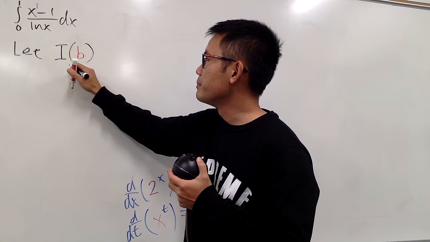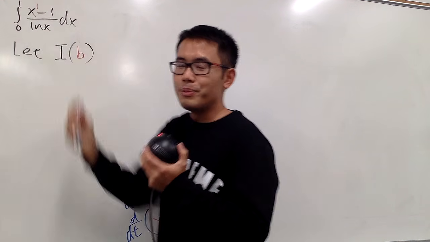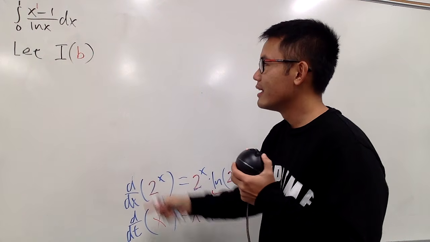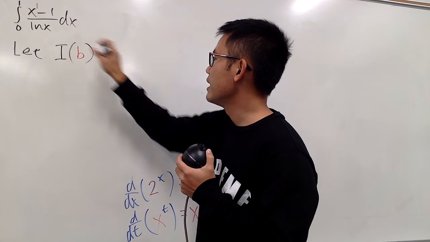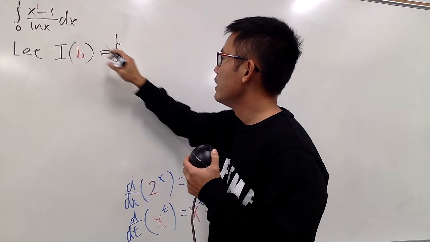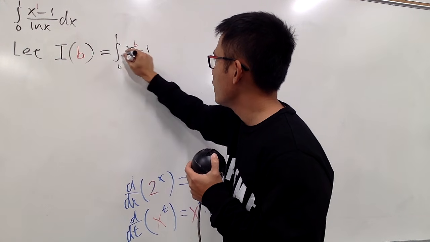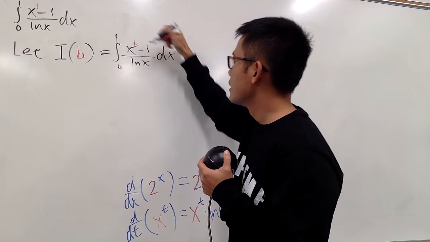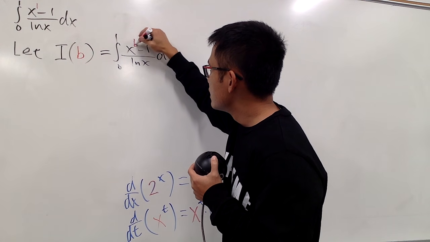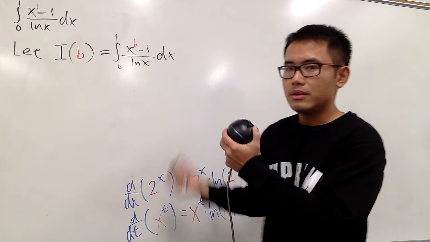So let's say I of b, and I want to put the b right here, so that this will be my variable, right? I is a function of b, and this is going to be defined as the integral from 0 to 1 of (x to the b's power minus 1) over ln x dx, right? Of course, over here I used t, but here I use b, doesn't matter, right?